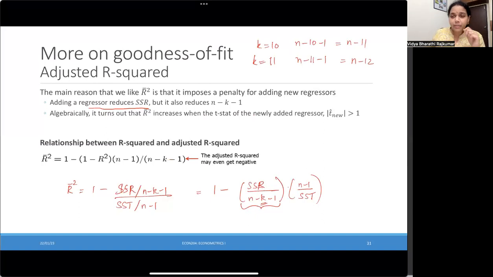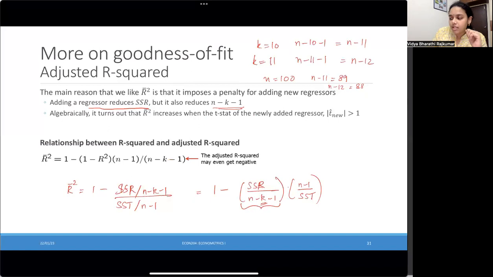So n minus 12 is a smaller number than n minus 11. So for example, if the sample size was 100, n minus 11 is going to be 89, n minus 12 is going to be 88. So when you add a regressor, your n minus k minus 1 falls.